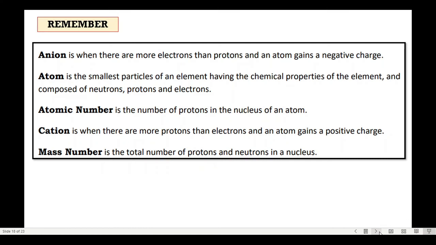So, wag kayo malilito dun sa charge niya. Positive lang yung charge niya kasi more protons than electrons. But cation means you lose electrons. Okay, siya yung nagbibigay. So, siya yung nawalan kasi siya yung nagbigay. Okay, so you lose. While mass number is the total number of proton and neutron. So, proton plus neutron is the mass number o yung bigat.